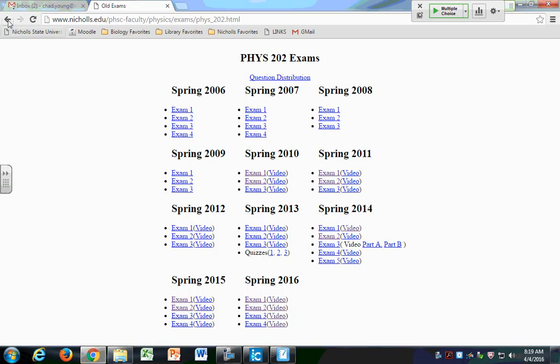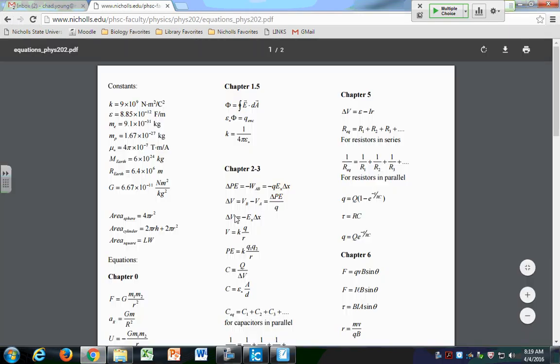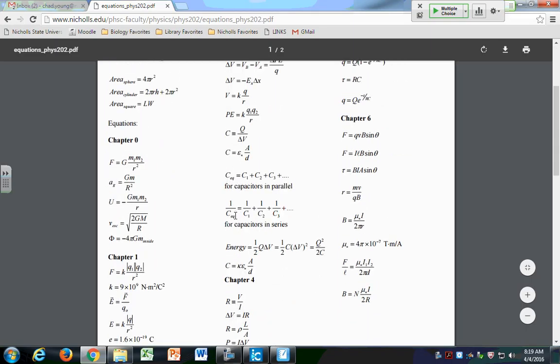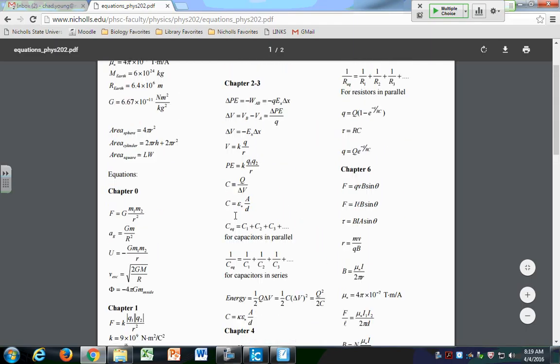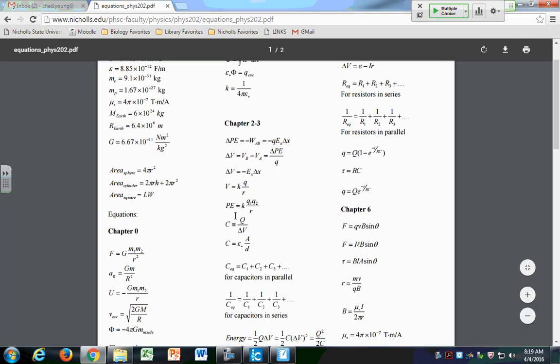Let me show you on our equation sheet right quick. I know we're running short on time, but let me show you this just so you're aware of it. Okay, it doesn't say that they're charging, but you do need to know that this is our charging capacitor.